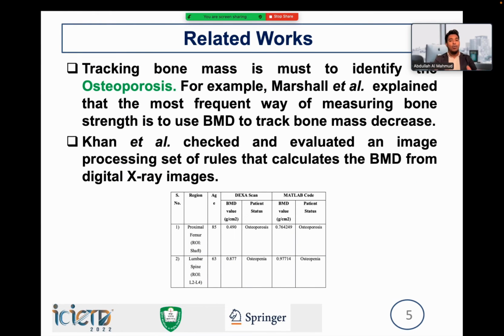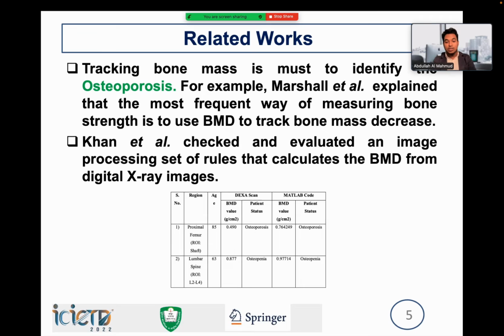Related works. Well, there are a number of authors who have already discussed their ideas regarding these concerns. So I'm not going to read out this sentence; rather, I would explain the figures.